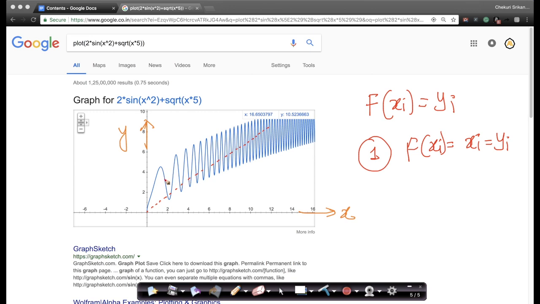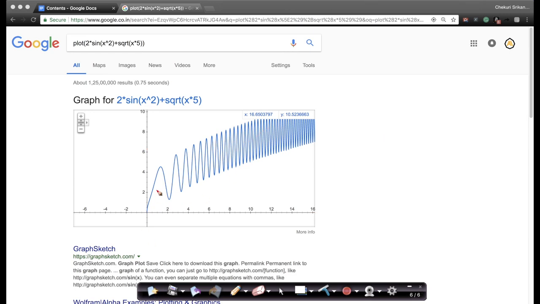Of course, some points are closer to this, but there are lots of points where the error is a lot. So your function has to be far more complex than a simple line. If I were doing a simple linear regression on yi and xi, probably the line that I'll get will look like this, or maybe not exactly that.